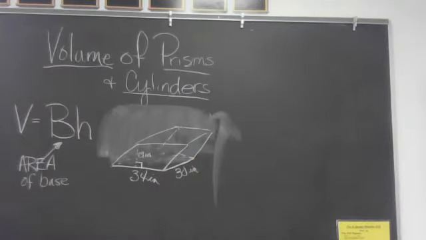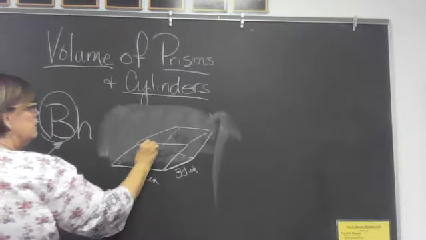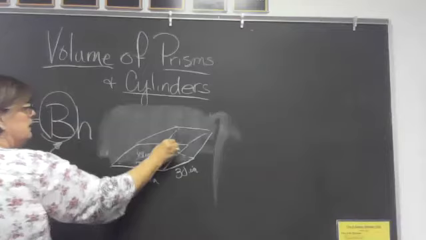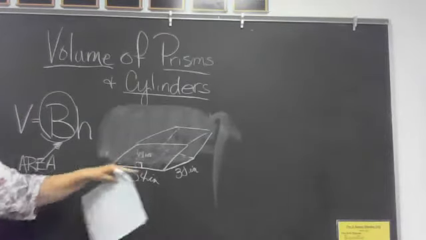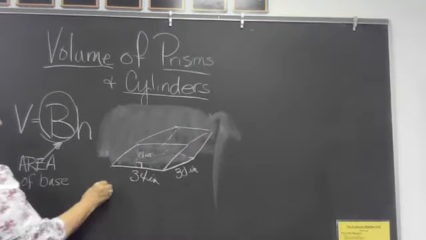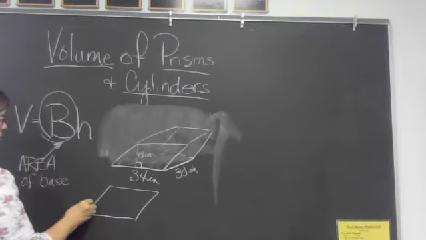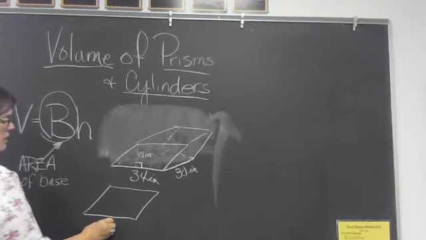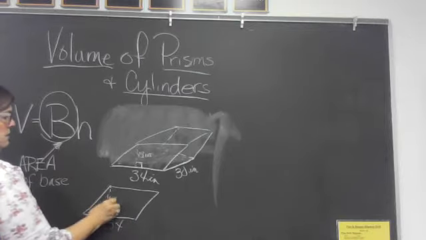So again, we have to locate the base because we have to find the area of the base first. So here is our base. If it's hard for you to look at this mixed up with the whole 3D figure, then a lot of times, if I'm going to be confused, I just pull out the base so I can just look at it by itself. So that means I have 34 here and 19 here.